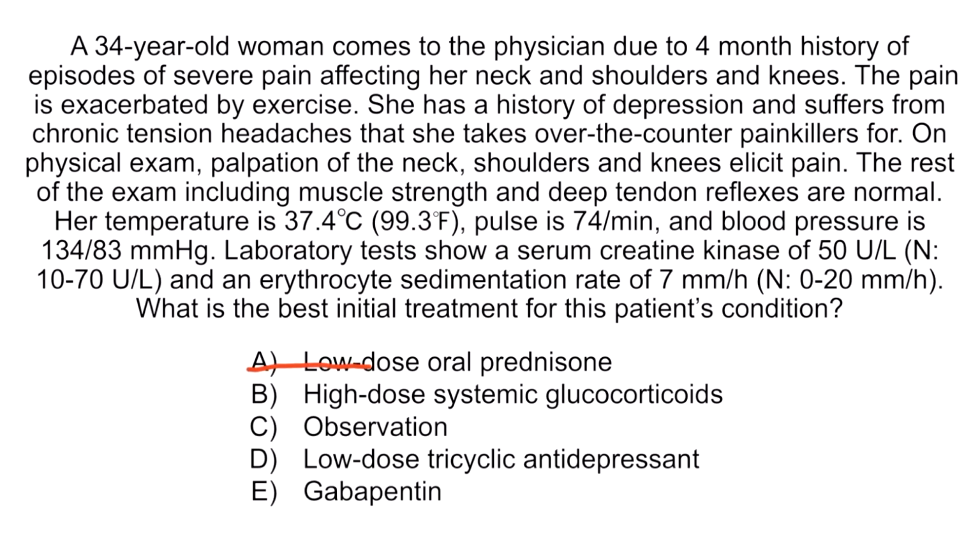Now, option A is incorrect because low-dose oral prednisone is the treatment for polymyalgia rheumatica. And polymyalgia rheumatica really isn't consistent with this 34-year-old patient's presentation. Remember, tender points you wouldn't expect in polymyalgia rheumatica, and you would expect some elevated inflammatory markers. But they're not. They're normal in this case.